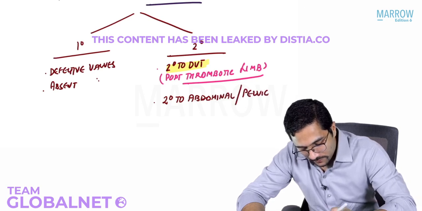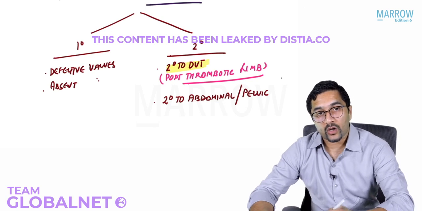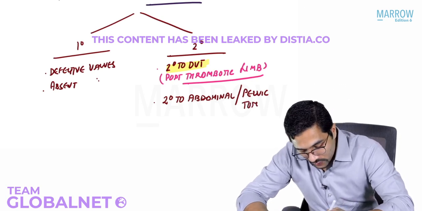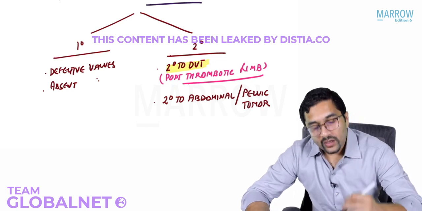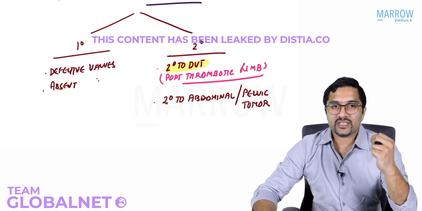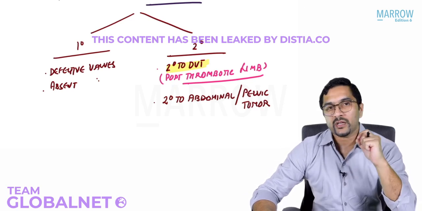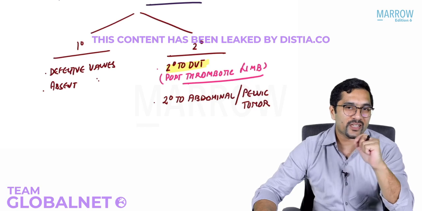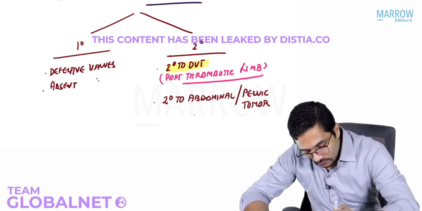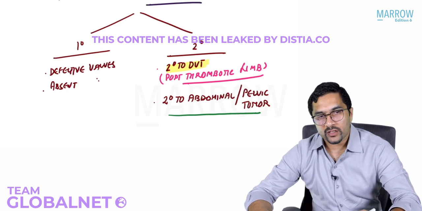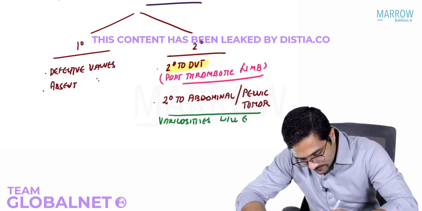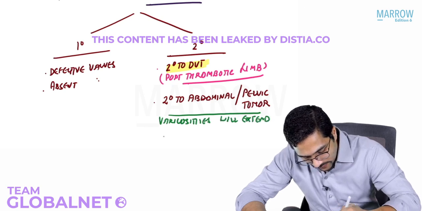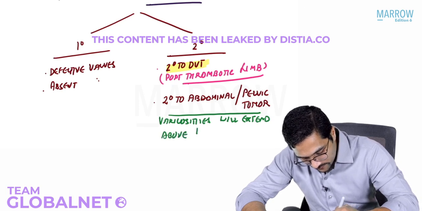So an abdominal or a pelvic tumor or a sarcoma or advanced cancer can press on the venous system and can give rise to varicosities. Okay. So in these patients, clinically, I want you to know one thing, because your examiner will ask you if you're given a short case: if you have varicose veins secondary to an abdominal or a pelvic tumor, the varicosities will extend above the inguinal ligament as well.